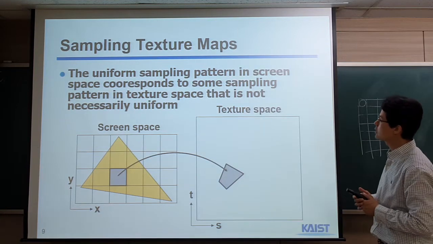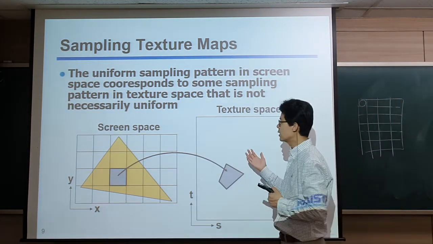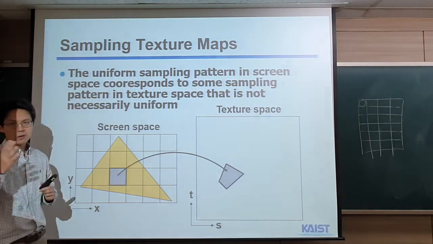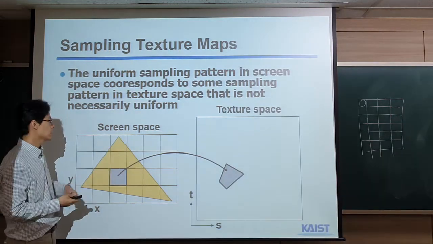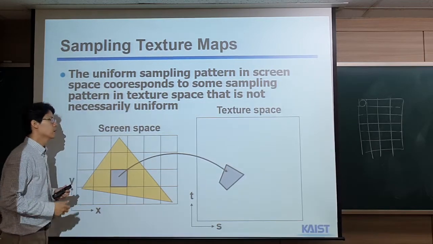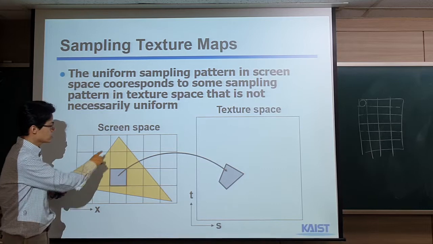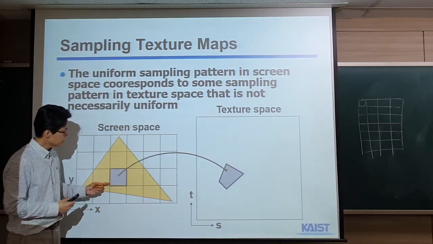But a much more important issue is the sampling issue. Suppose that in the screen space I have a triangle, and I project this triangle into the screen space, and it maps to the pixels in your screen space. I am doing the rasterization here, and suppose I want to rasterize this particular region.